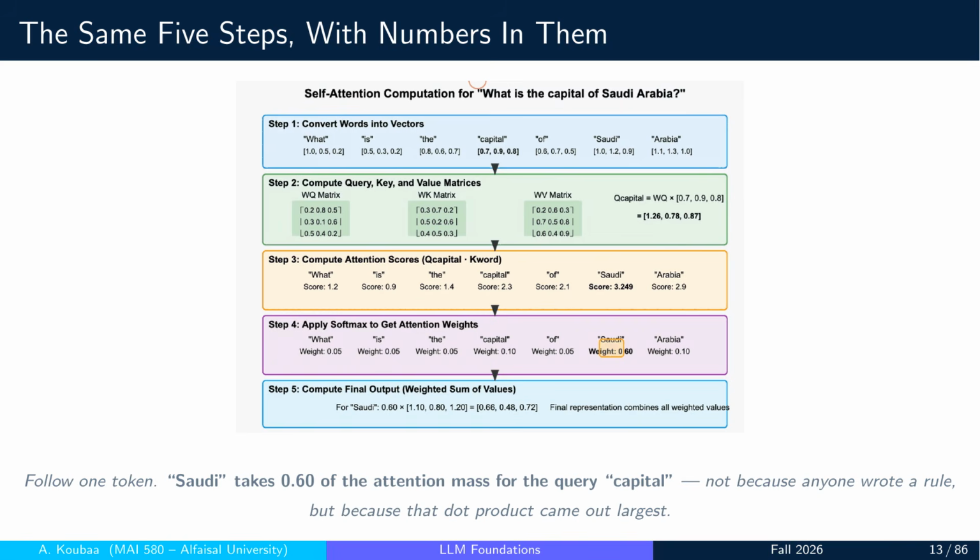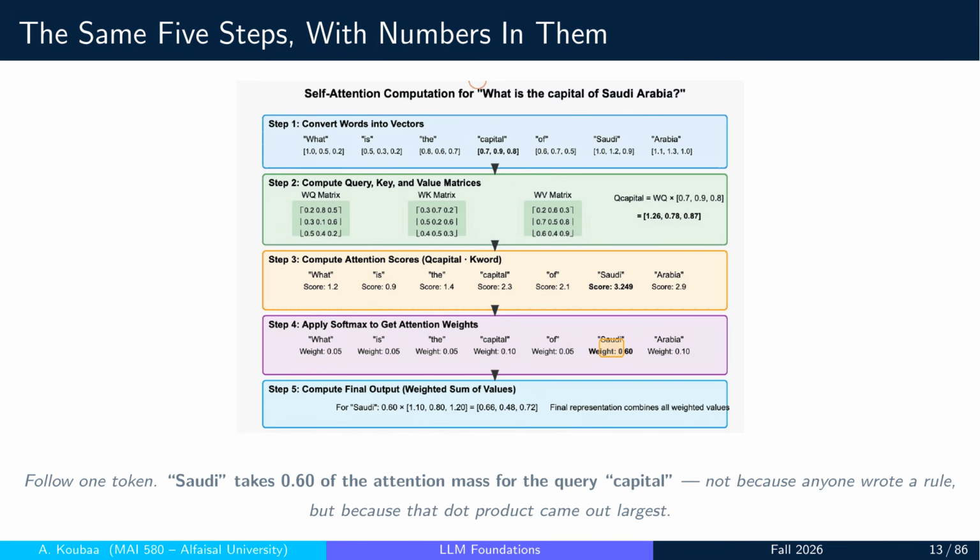Let us walk through one row only, so you can see the flow rather than test your arithmetic. First, a query scores each key. Second, a higher score means greater relevance. Third, softmax turns relative scores into a distribution. Fourth, we multiply each value by its weight.